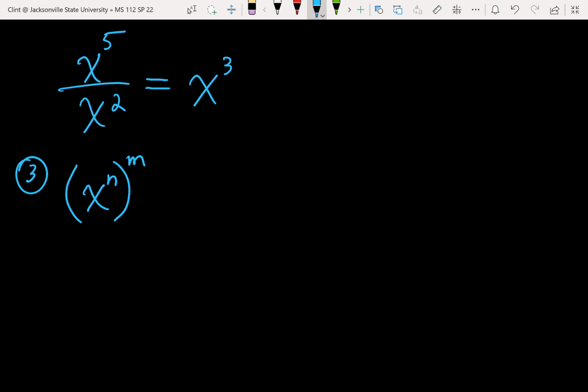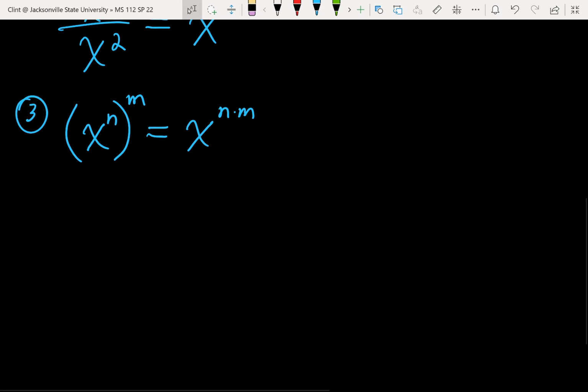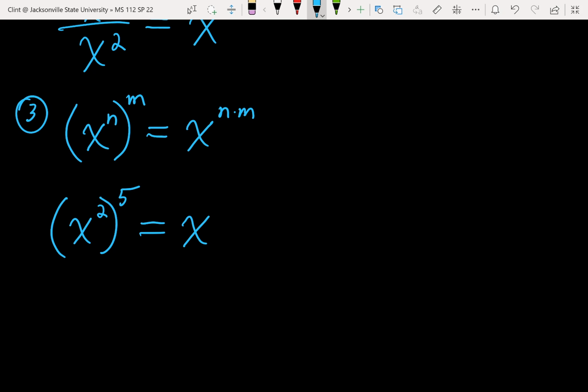If we have a term with an exponent and we're raising to a power, we multiply. That's right. So this one we would have x to the n times m. So if we put numbers on that one, we've got x squared, and we want to raise that to the 5th power, then x to the 2 times 5, or 5 times 2, x to the 10th.